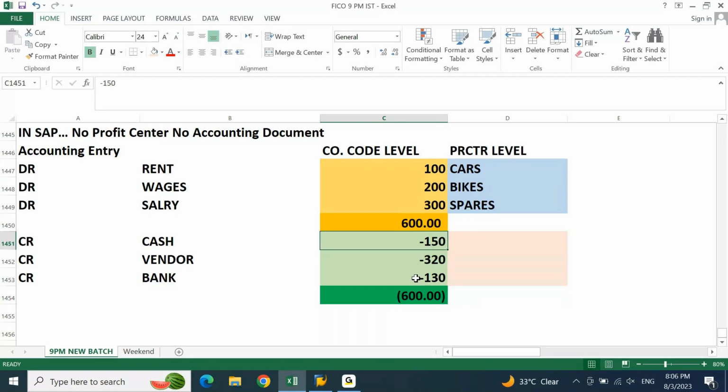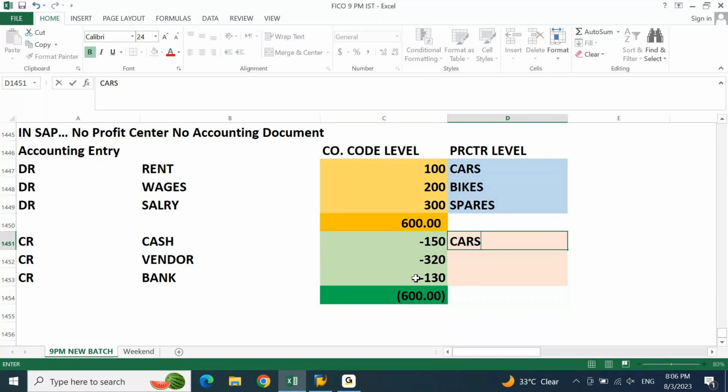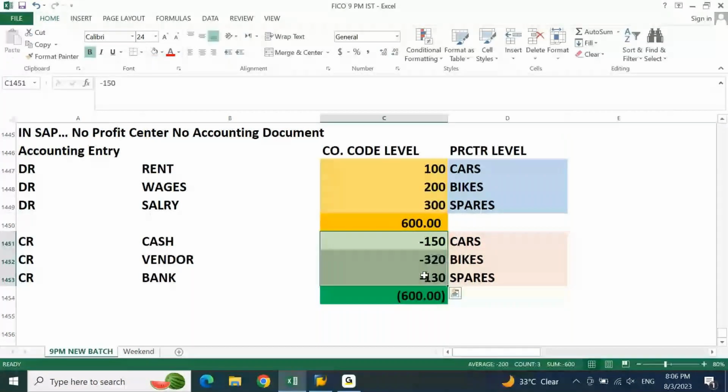I cannot put the equal credit here. So if I try to put cars, let's say bikes, spares, overall this is matching 600, 600. But when I want to segregate the amount based on the profit center, I am finding it a difficulty now.